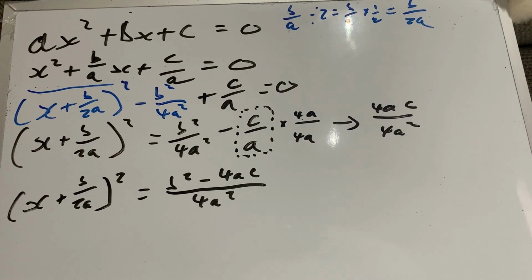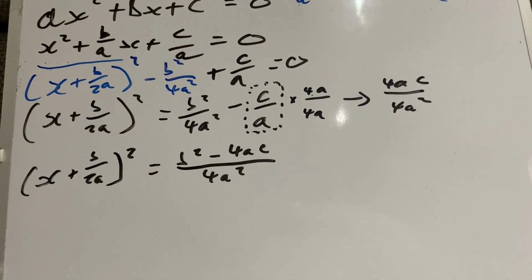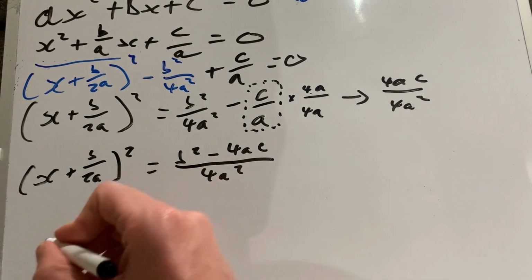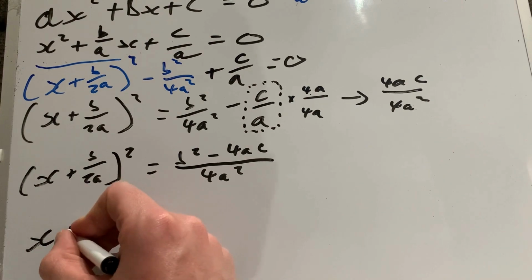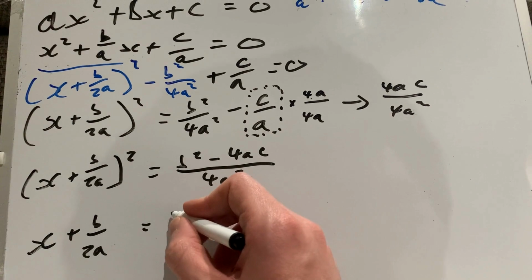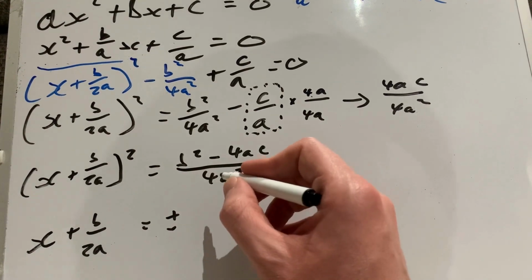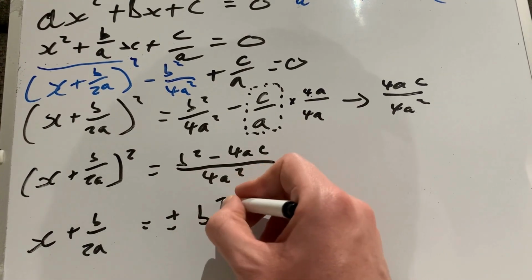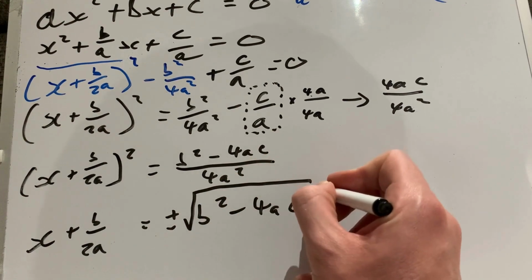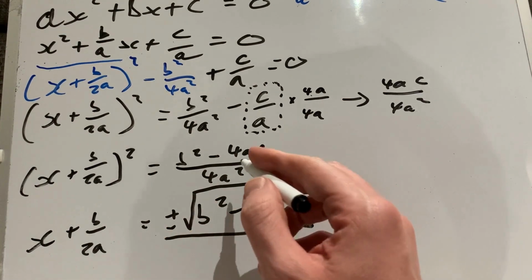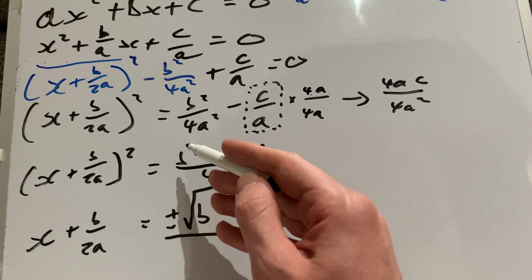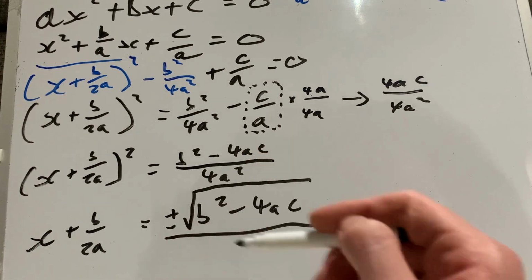Okay? Now, just like you do when you complete the square, we're going to take the square root of both sides. Okay? So we're going to get x plus b over 2a equals, and remember we want plus or minus the square root of b squared minus 4ac, over, and remember, when we take the square root, you can take the square root of the top and the square root of the bottom.